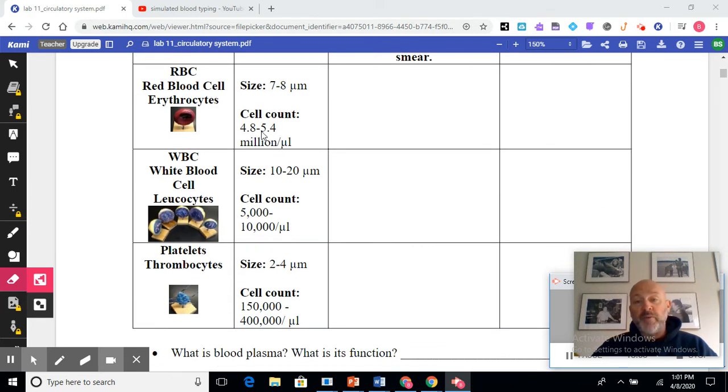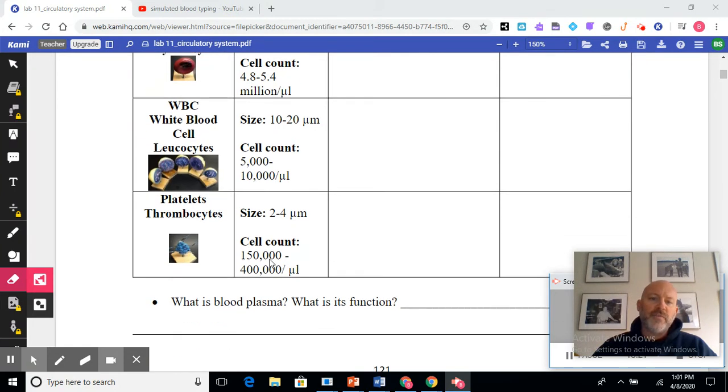But if we compare the numbers, the red blood cells outnumber everything else by a lot, about 5 million per microliter, compared to 5 to 10,000 white blood cells, or 150,000 or 400,000 platelets.